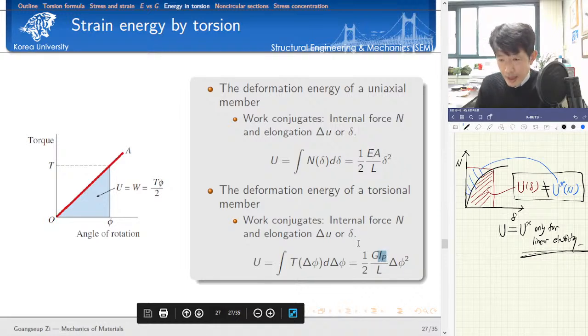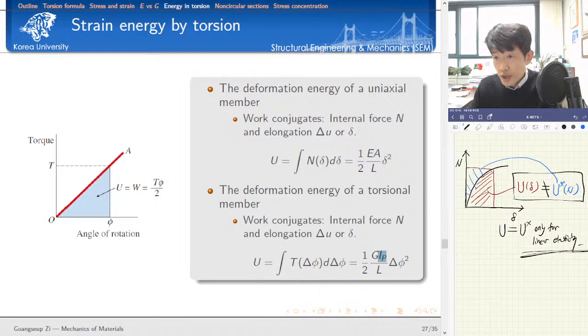So let's plot the change of deformation energy. If you plot the deformation energy as a function of the deformation measure, then because this is a square, you can easily recognize that this is quadratic, is it right?